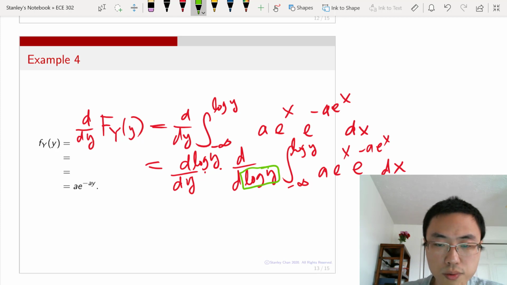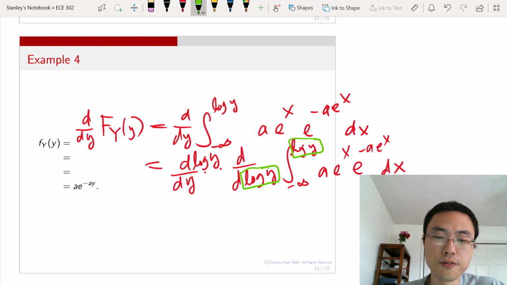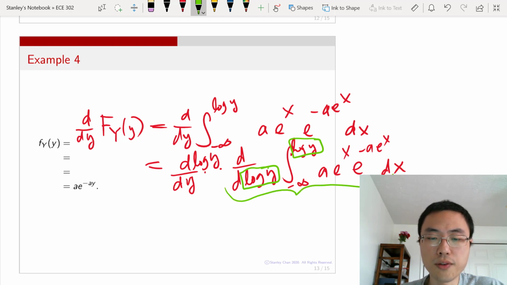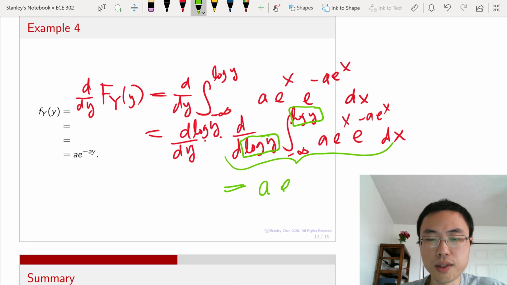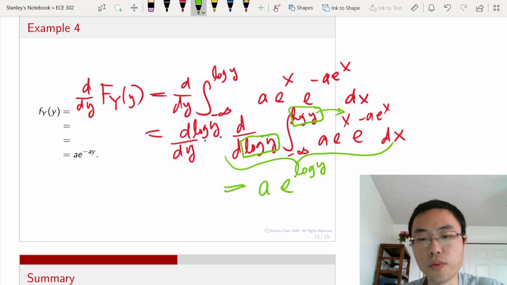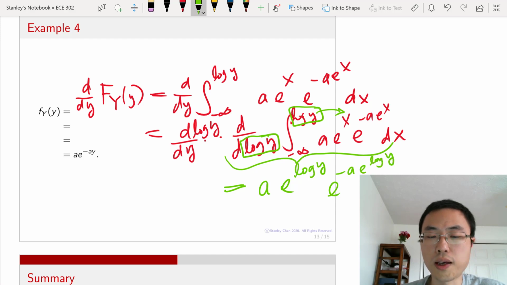There is a term here which is matching with the upper limit, and therefore by the fundamental theorem of calculus, this is equal to a times e to the power log y. I'm just replacing x with this log y, and then you have e^(-a e^(log y)).